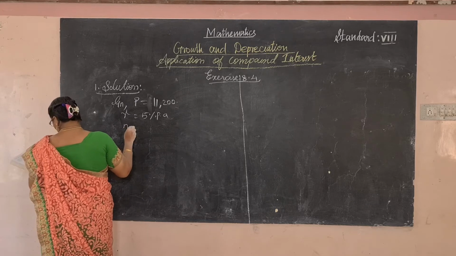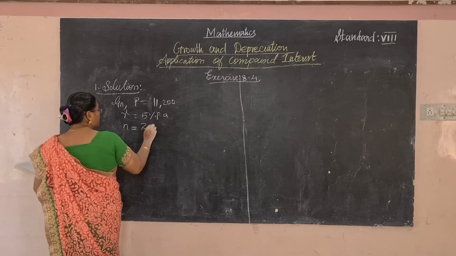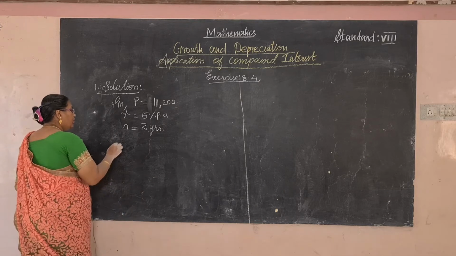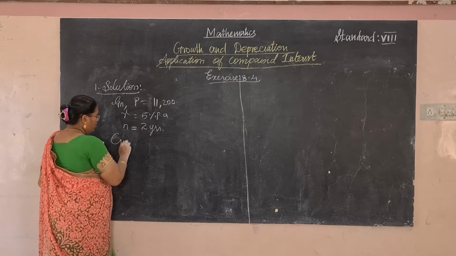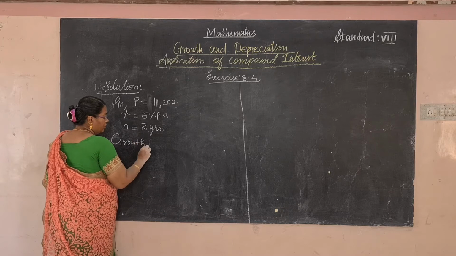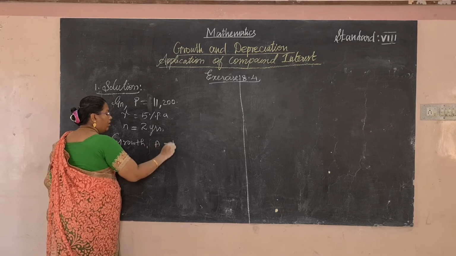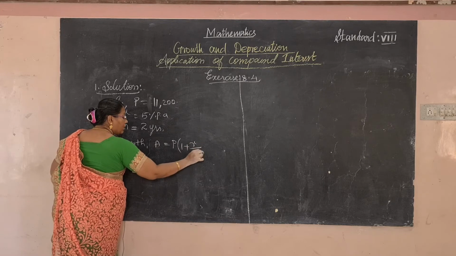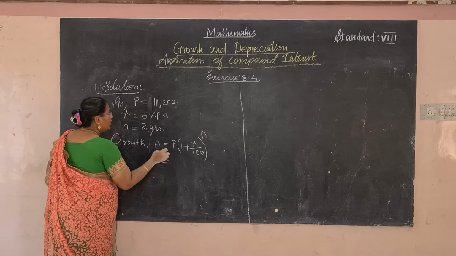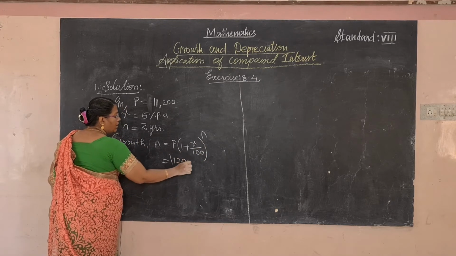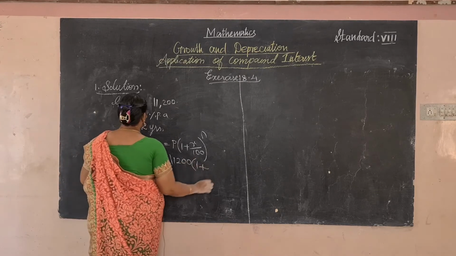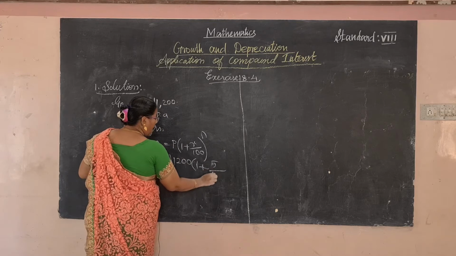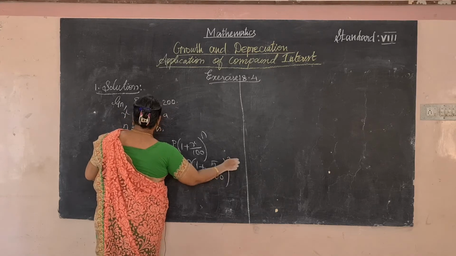Okay, n is equal to 2 years. What is the formula? Growth A is equal to P of 1 plus R by 100 the whole power n. P value is 11,200, 1 plus R value is 5, so 5 by 100 the whole power 2.